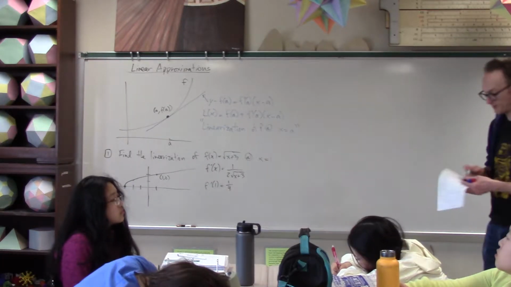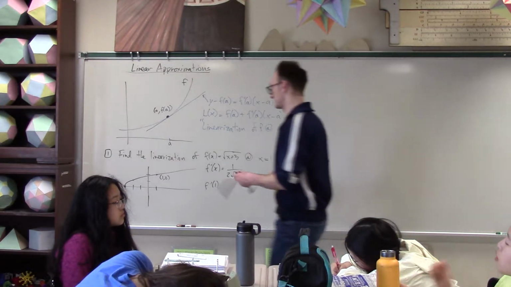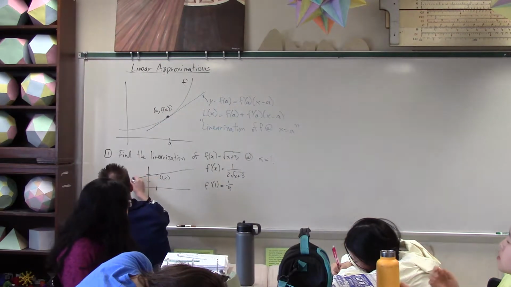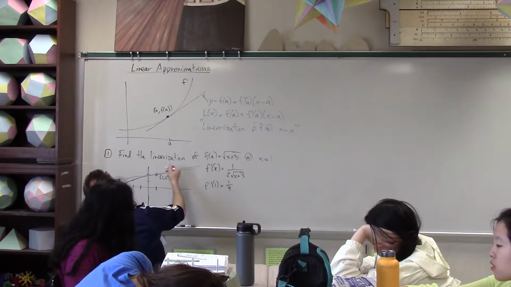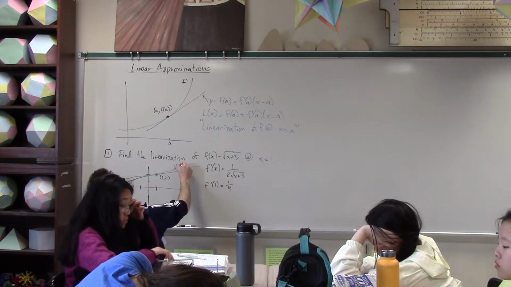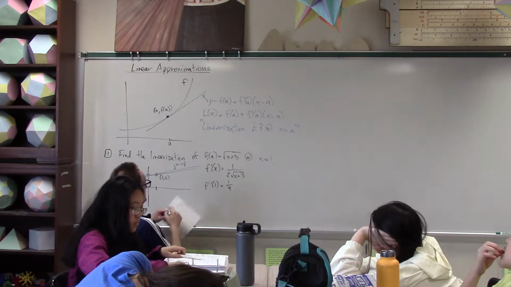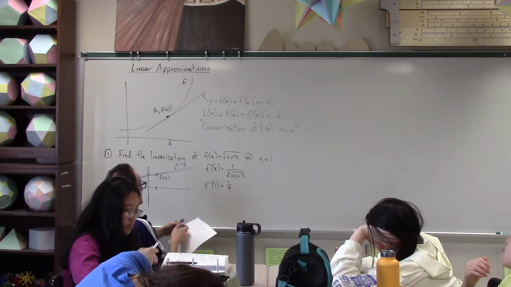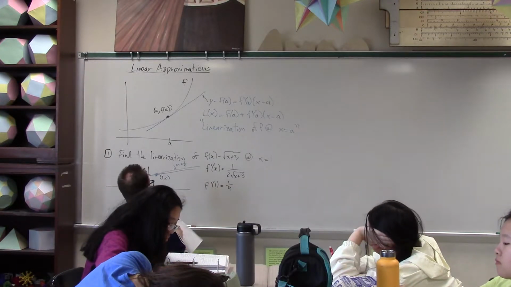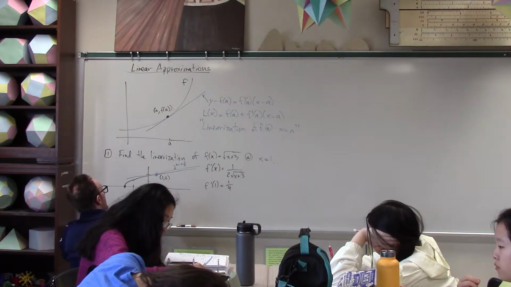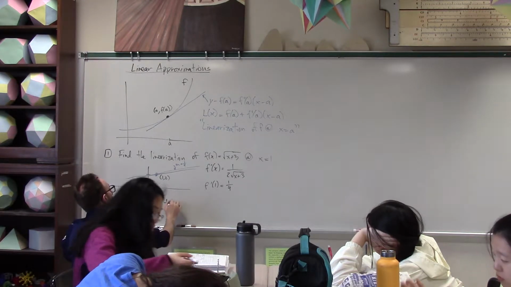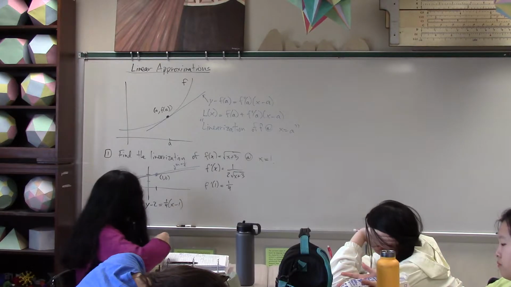Therefore, we have this tangent line, and the slope of this tangent line is 1/4, and it goes through the point 1, 2. So the equation of this line is y minus 2 equals 1/4 times x minus 1.